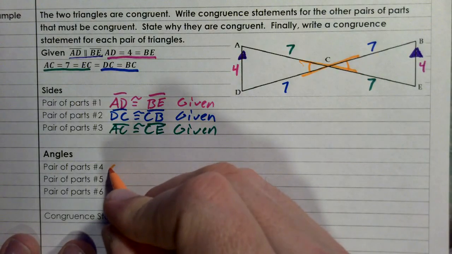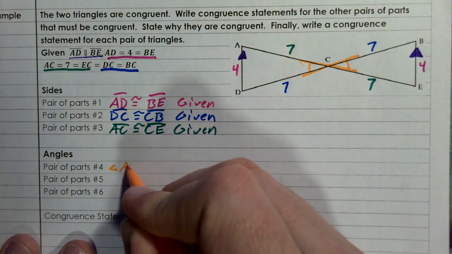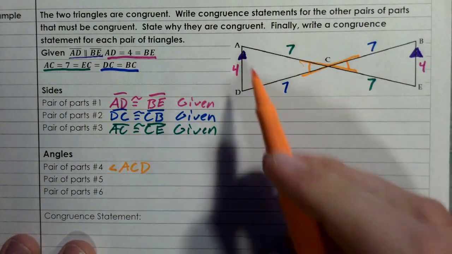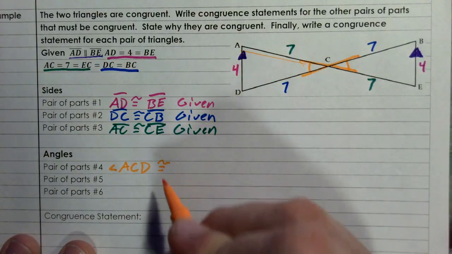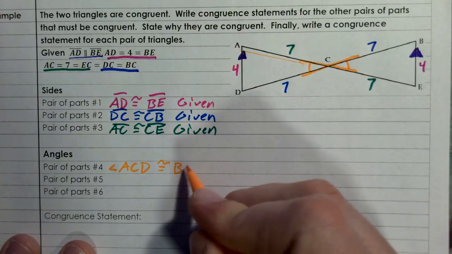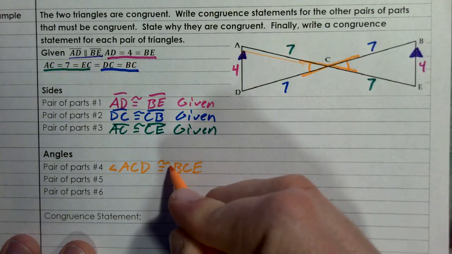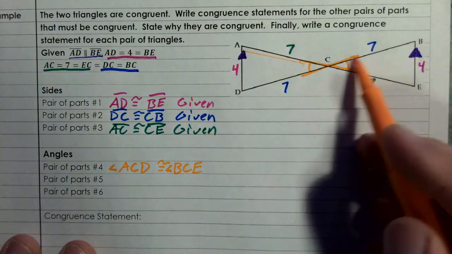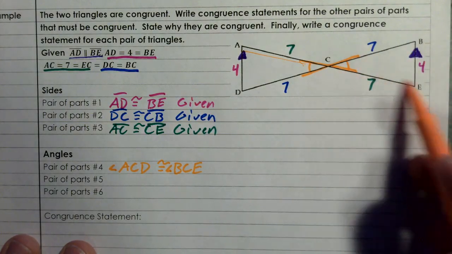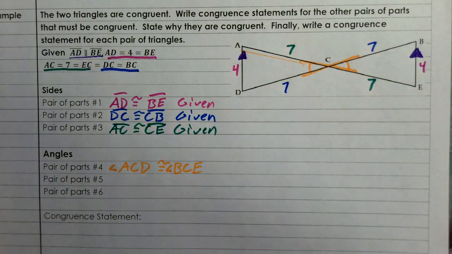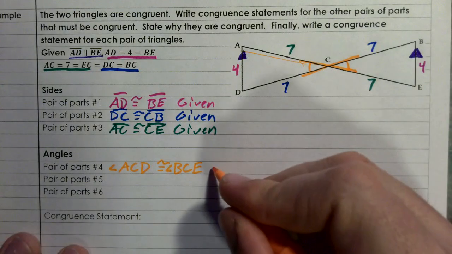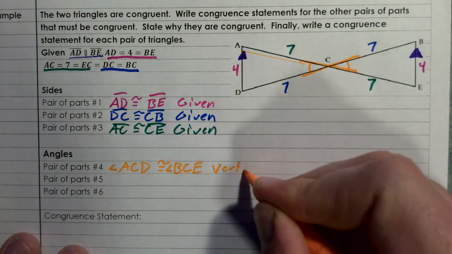I'm going to need 3 letters to name it. So A, C, D. That has to be congruent to BCE. Oh, forgot my angle symbol. BCE. So this angle has to be congruent to that angle. Oh, and I can do this because they are vertical angles.